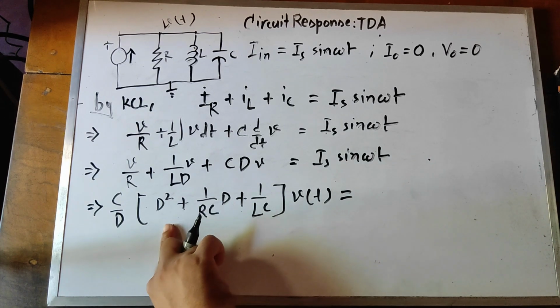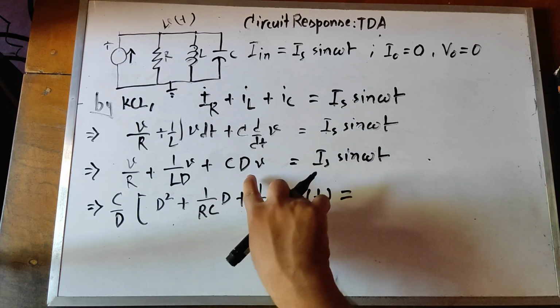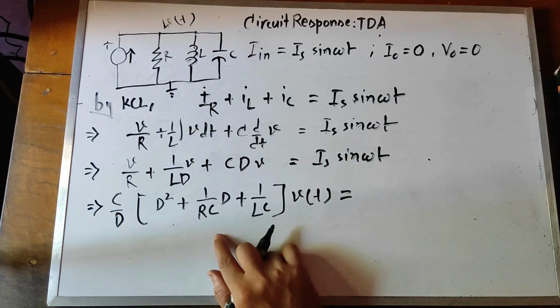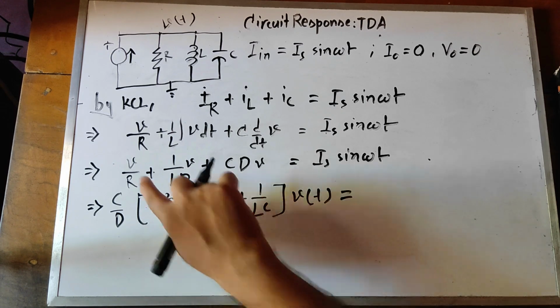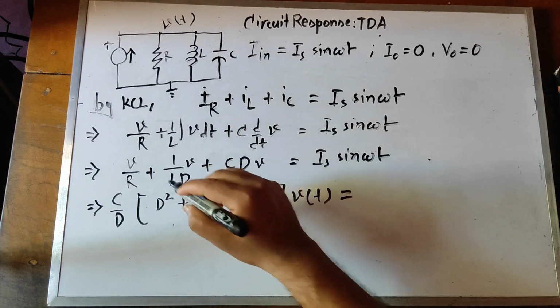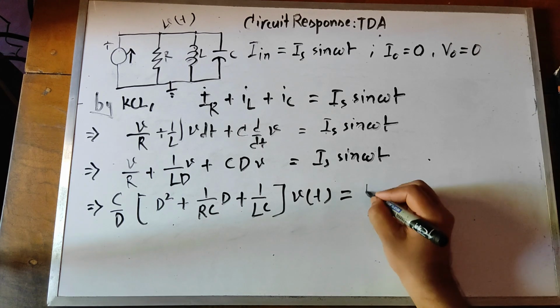So if I take this, it will become CD, and so 1 by R V, yes, this and this.